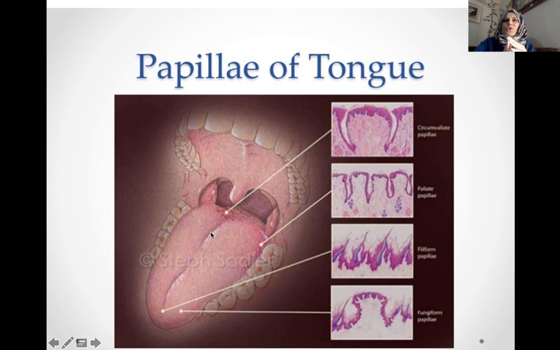The tongue is divided into anterior 2/3 and the posterior 1/3. This is divided by the presence of an inverted V that we call the sulcus terminalis. The sulcus terminalis is what separates the anterior 2/3 from the posterior 1/3 of the tongue.